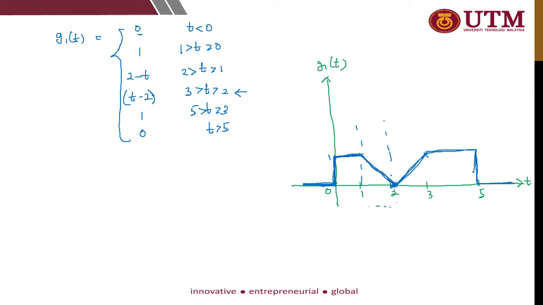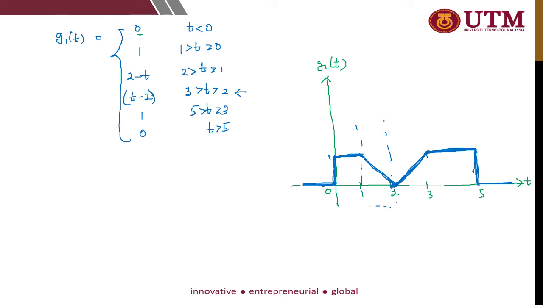So this is basically your g1(t) signal, how it looks from the given equation. Next, to ensure you can derive back the equation by considering the same signal, make sure you get the same equation back.